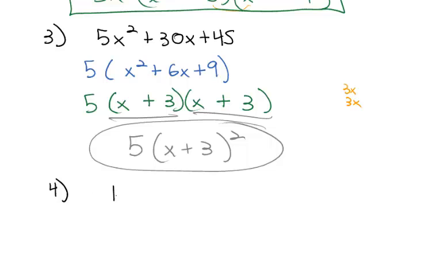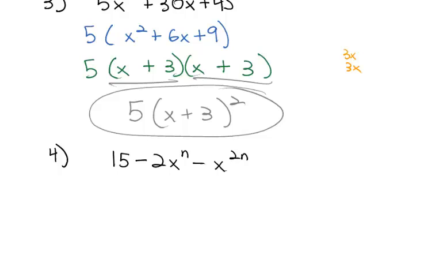One more. 15 minus 2x to the n minus x to the 2n. No GCF this time, so we'll go right to our factors. 15 is probably 5 times 3. And x to the 2n, notice if you divide that exponent by 2, you get x to the n times x to the n.